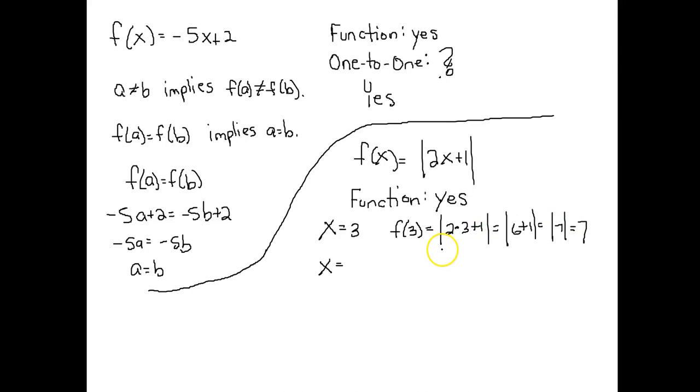So let me think for a second here. Is there something I can plug in that I would get 7 back? And indeed there is. Let's say I plug in -4. Absolute value of 2 times -4 plus 1 equals absolute value of -8 plus 1, which is the absolute value of -7, which is 7.